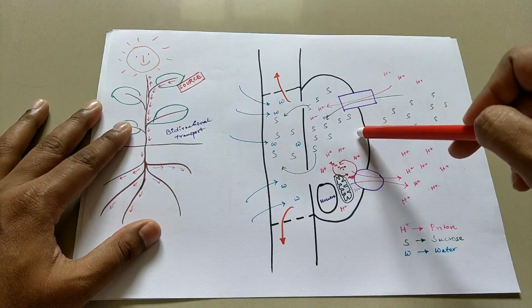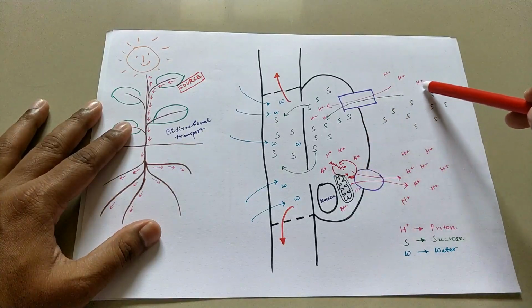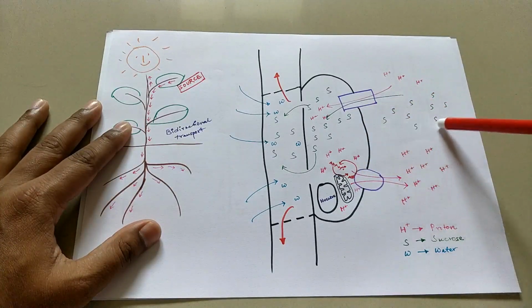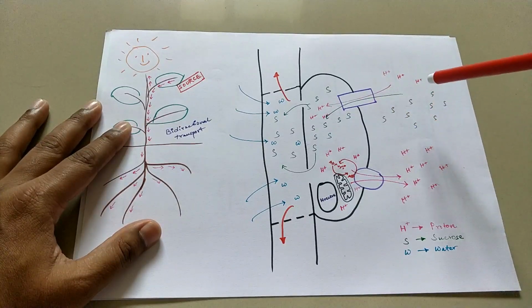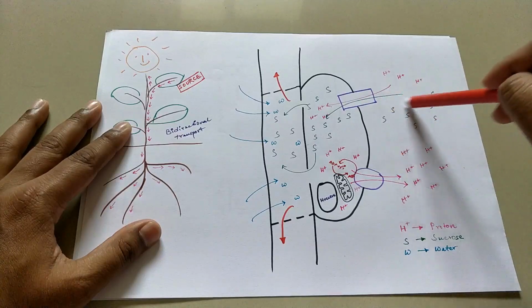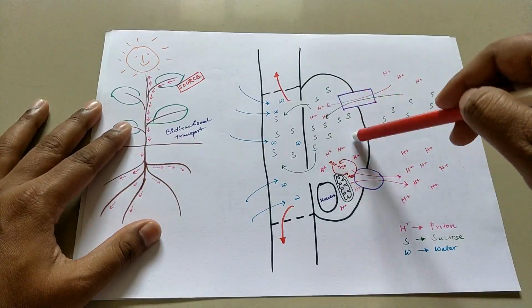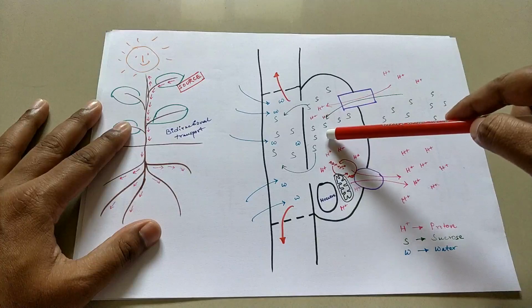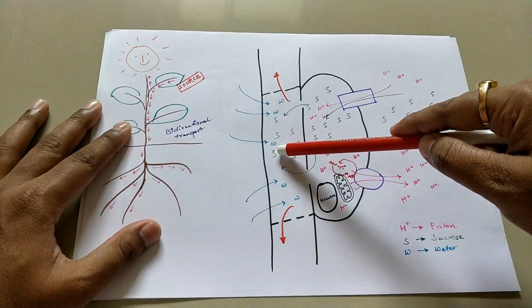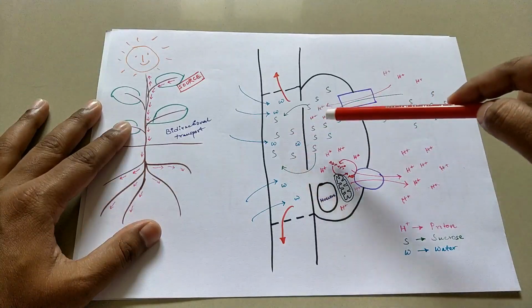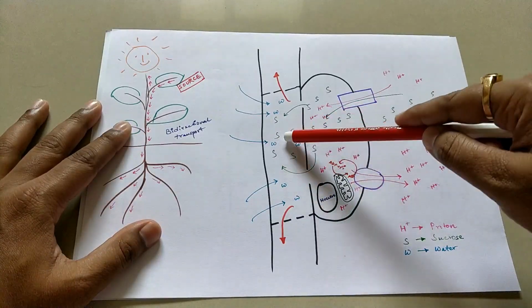Make sense? Again, I am repeating. Initially, you had loads of sucrose molecules here because this was an active site of photosynthesis. So once this load came into the companion cell, this companion cell has a higher concentration of sucrose than the sieve tube element. So again, you have created a concentration gradient.